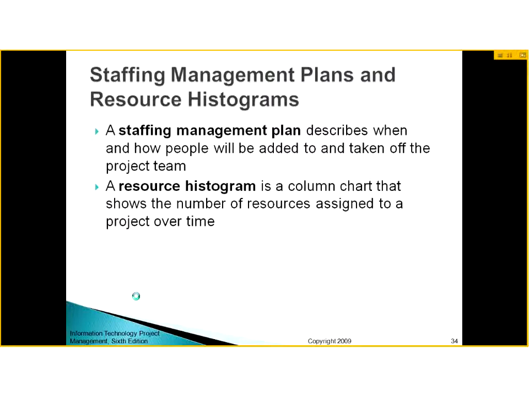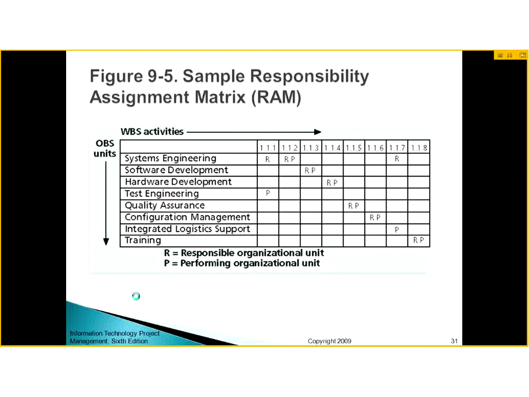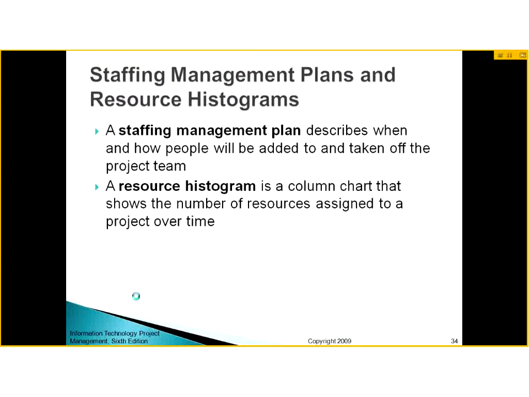Then after this, you make a staffing management plan and resource histogram. This was the matrix which you made to indicate which WBS item will be assigned to which person or which group. The staffing management plan describes when and how people will be added to and taken off the project team.